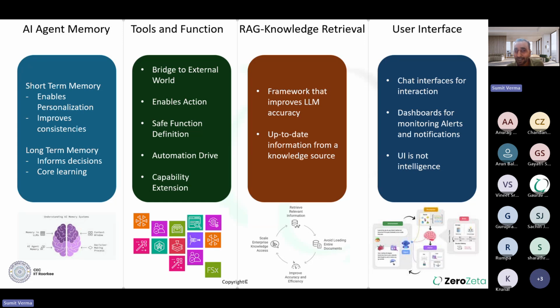So that's where I need some interface where I can get all those responses. I can send my query, I can view my response back. For that reason you require an interface, and it's not an intelligence. It's basically just an interface you can connect with your agents, so that all those tasks which agents are doing can be visible on the front of your screen, right? That's where the user interface comes into the picture.